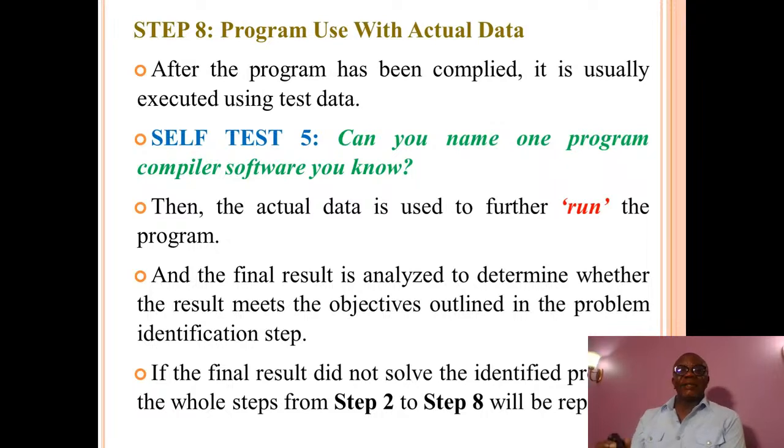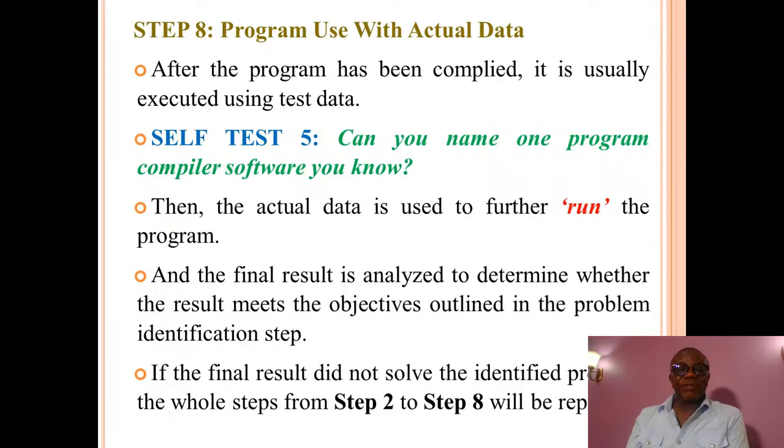Then the actual data is used to further run the program, and the final result is analyzed to determine whether the result meets the objectives outlined in the program identification step.